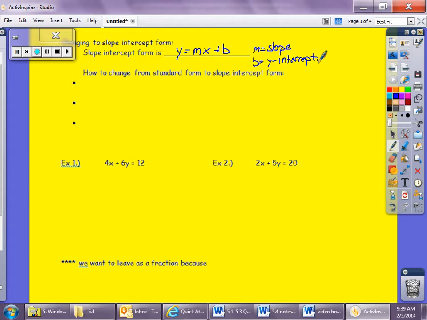Now, how do we change from standard form to slope-intercept form? Well, what we really want to do, essentially, is solve the equation for y. So if we think about how we solve this for y, we have to get rid of the x.